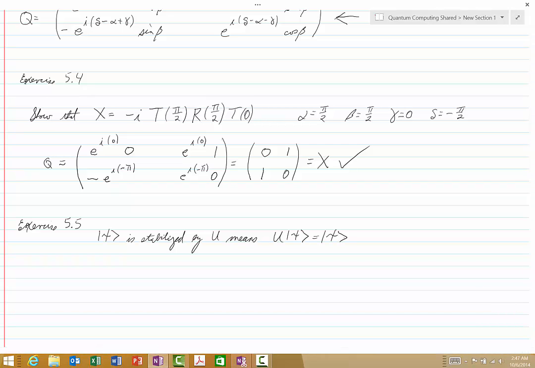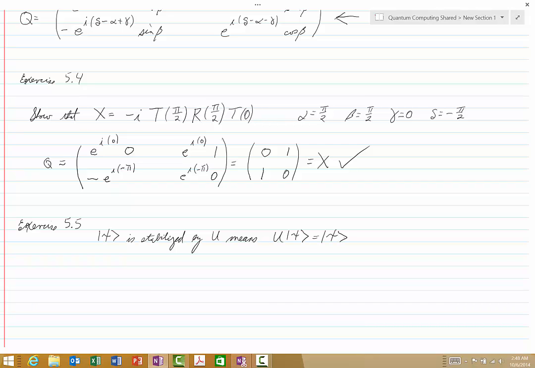And so the book gives us several operators and asks us to find what vectors are stabilized by those operators. And you perhaps recognize that this is just an eigenvalue problem.